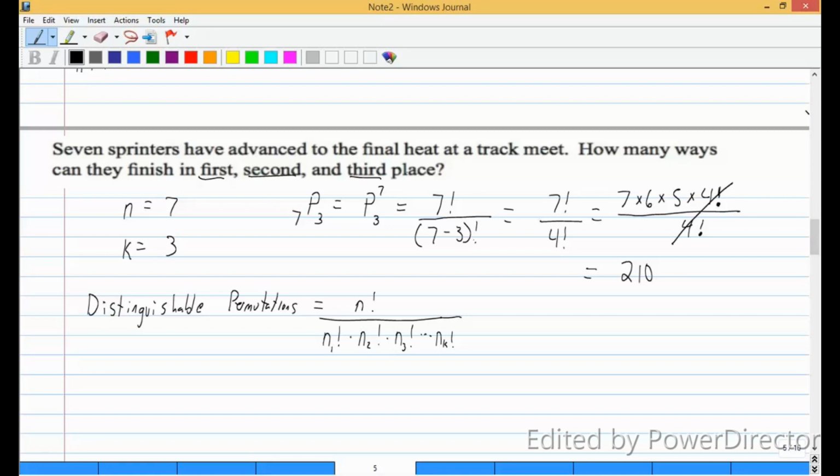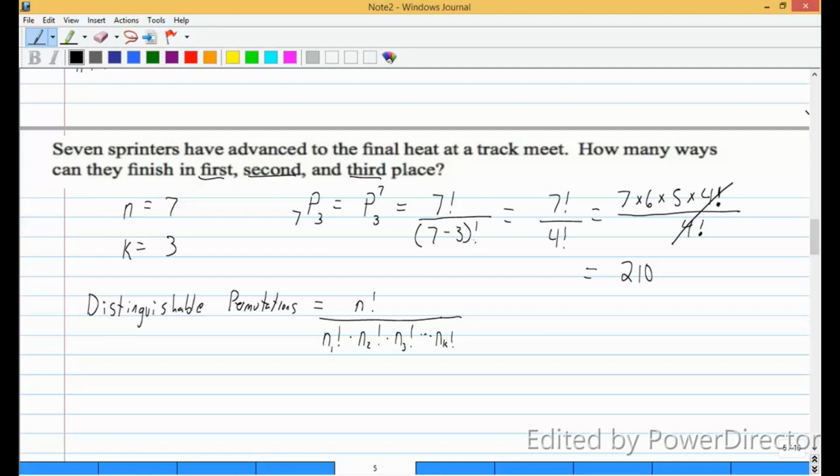Okay, and so all of these in the denominator, the numerator of course is the total number of items factorial. The numbers in the denominator, let's say I had 3 history books that were the same, then this would be 3 factorial. Then I had 2 English books that were the same, then the next would be 2 factorial. And then all of my other books are different. Well, if they're all different, all these others are 1 factorial, so they don't make a difference.